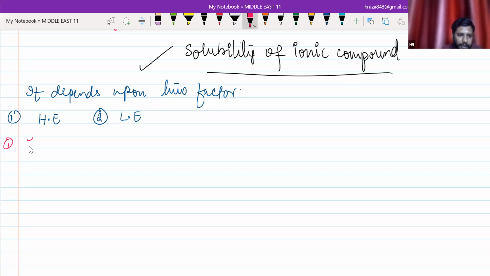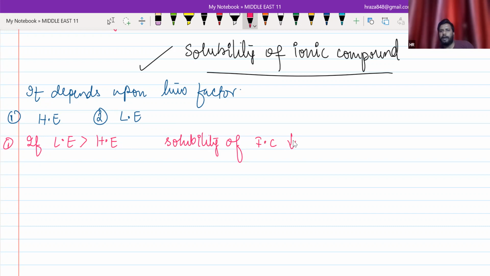Basically, if hydration enthalpy is lesser than lattice enthalpy, the solubility of the ionic compound decreases. Why is it so? Hydration enthalpy will be lower, that means the interaction between ions and water is very less. The second point, if lattice enthalpy is lesser than hydration enthalpy, interaction will be more, bonds will be formed, and it can be easily soluble.